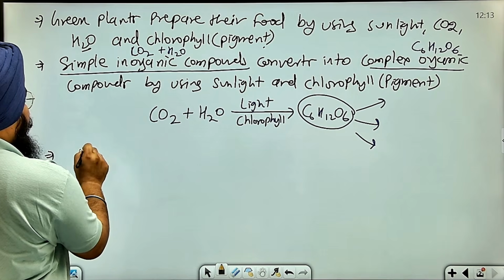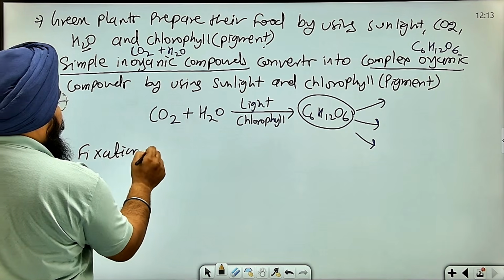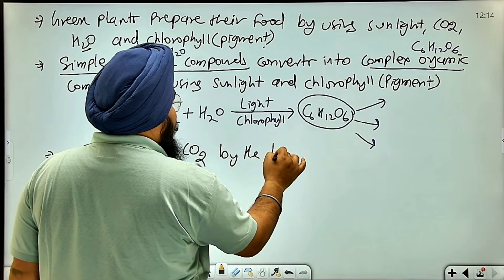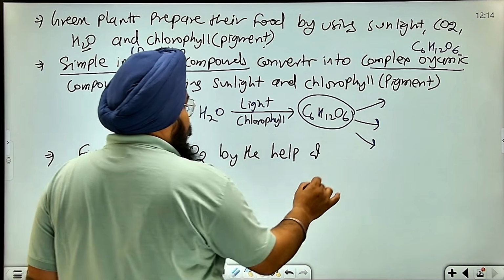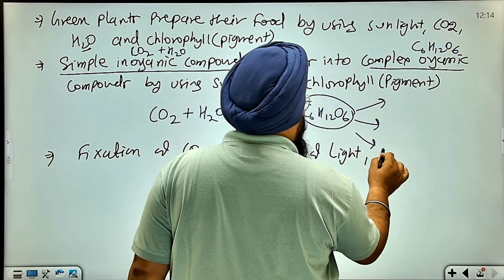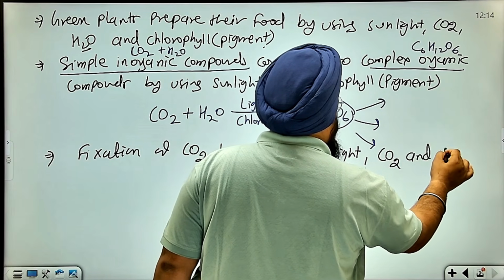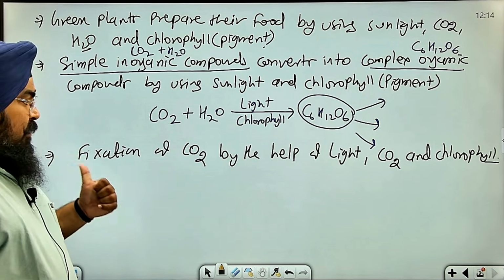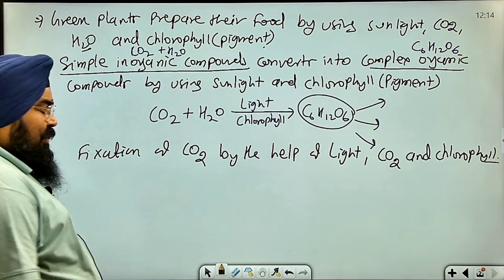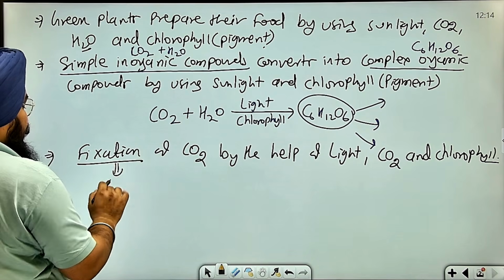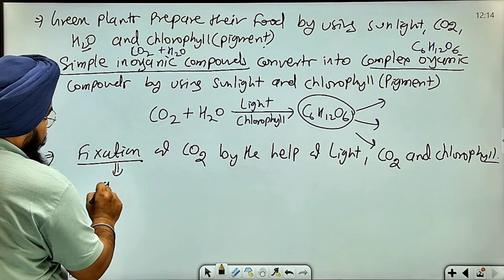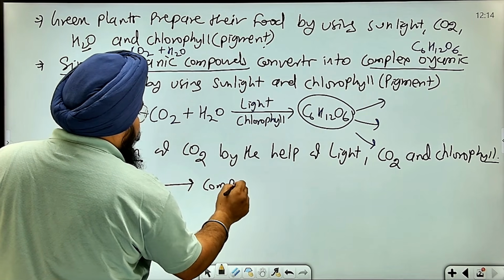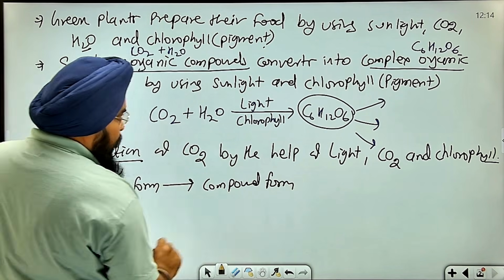Photosynthesis is fixation of CO2 by the help of light, CO2 and chlorophyll pigment. Fixation is a new word. What is fixation? In biology, fixation means gas form converts into compound form.